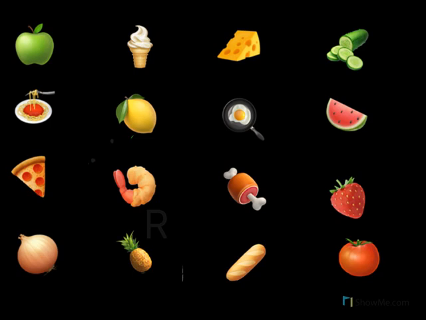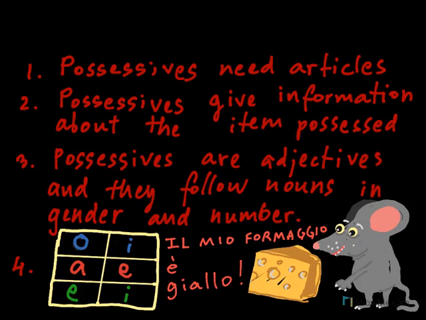So I hope today we learned about the possessives. We learned that, one, possessives need articles. The possessives give information about the item possessed and not the person who possesses.